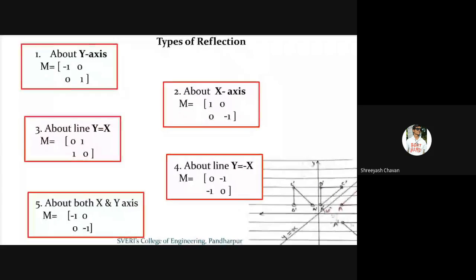Now the first formula is about the y-axis. Suppose this red triangle is the original triangle, the mirror object. About the x-axis, our red triangle is mirrored to a dash, b dash, c dash in the fourth quadrant, because the fourth quadrant is below the x-axis.